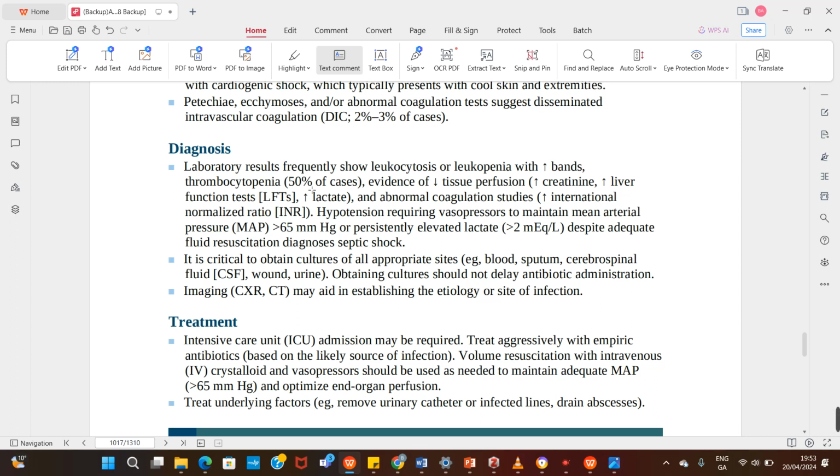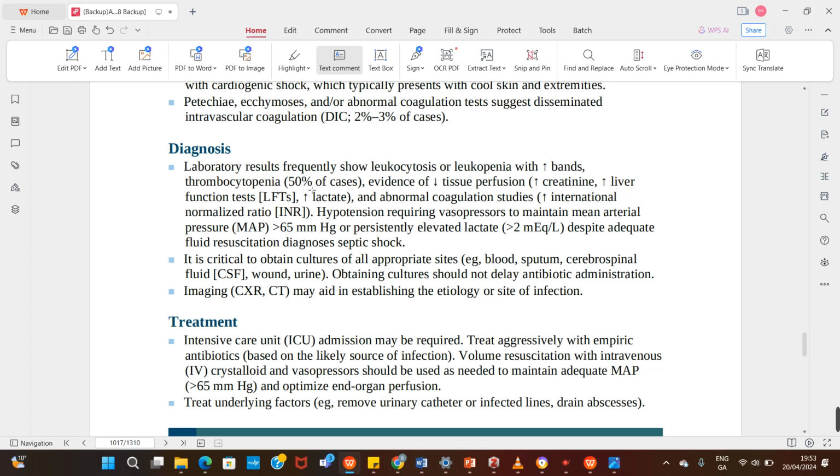It can be more than 12,000 or less than 4,000. Or we can see an increase in the bands, which is an immature form of the white blood cell. So you can have more than 10% bands, leukopenia less than 4,000, or leukocytosis more than 12,000. All of them are characteristic of sepsis.